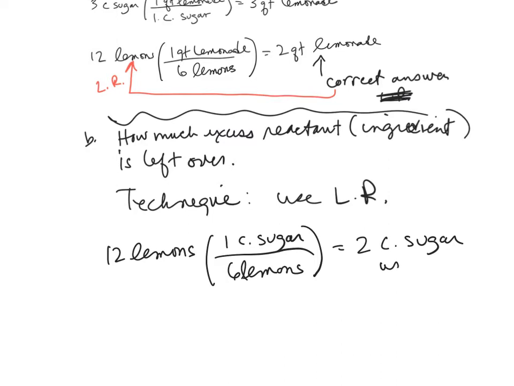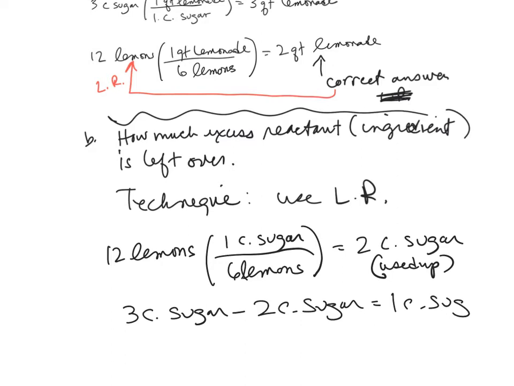So this is the amount that's used up or consumed. And then how much is left over? You started with 3 cups of sugar minus 2 cups of sugar. You're going to have 1 cup of sugar left over.